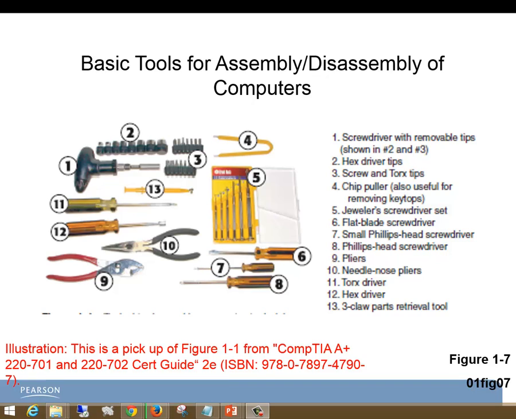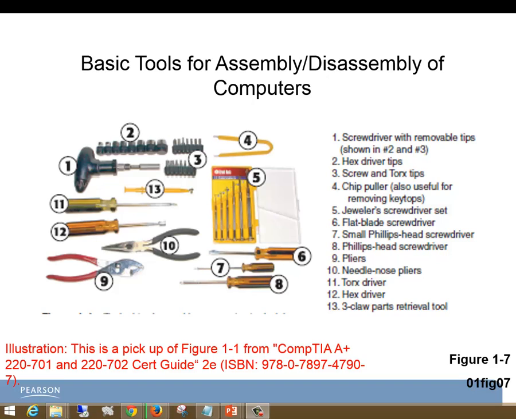So here is an example of a basic toolkit for a computer. This is just some components that you'll use pretty often. Screwdrivers, they show that number 2 and number 3, you'll use a couple of different types. I keep a Phillips and a flathead in mine.